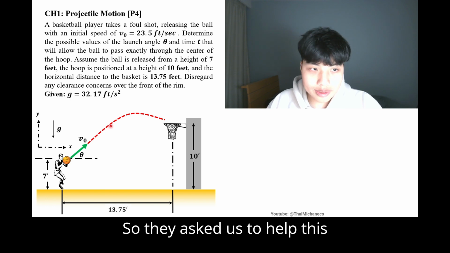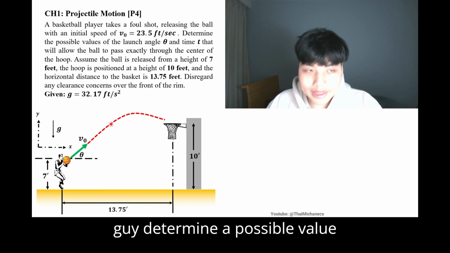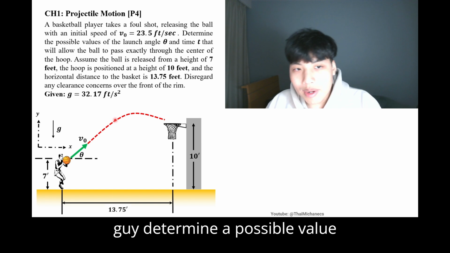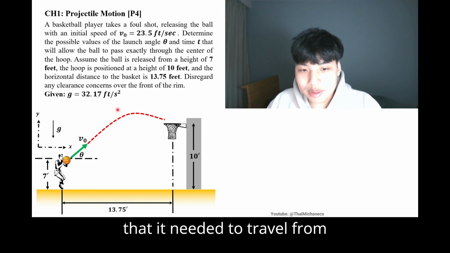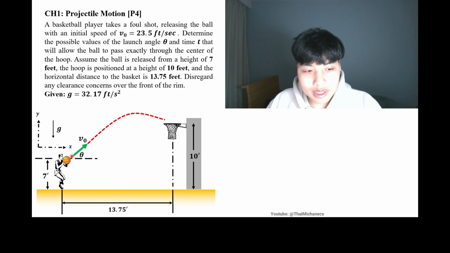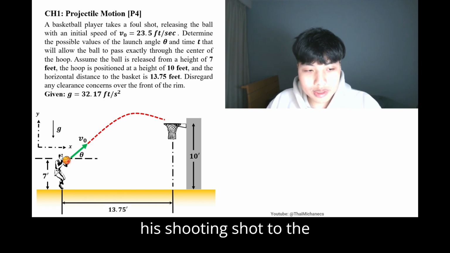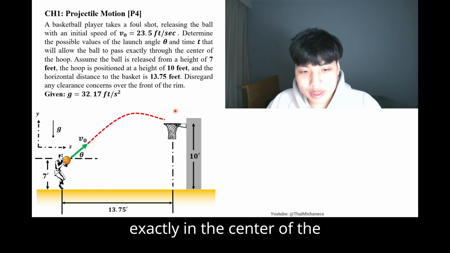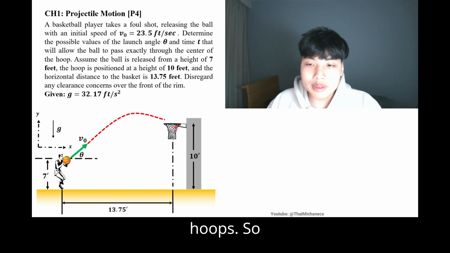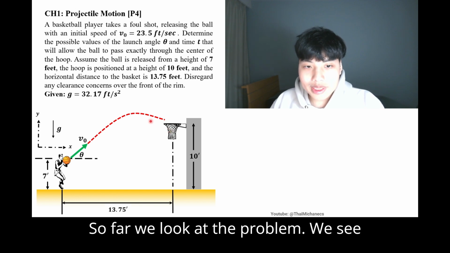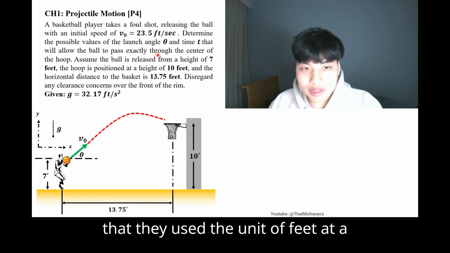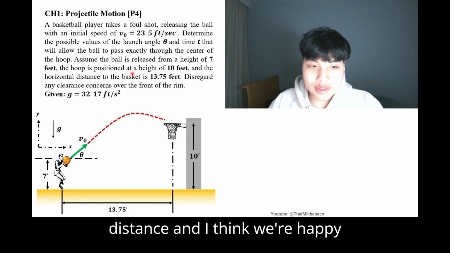They asked us to help this guy determine a possible value for the launch angle theta and the time that it needs to travel from his shooting position to exactly the center of the hoop. Looking at the problem, they use feet as distance, feet per second as velocity, and feet per second squared as acceleration due to gravity.